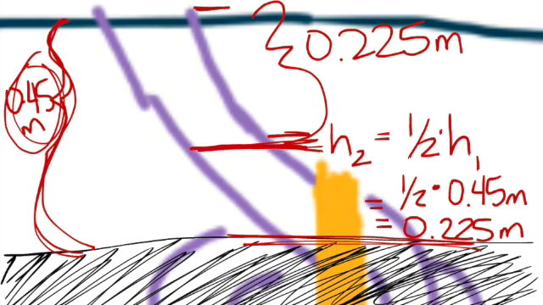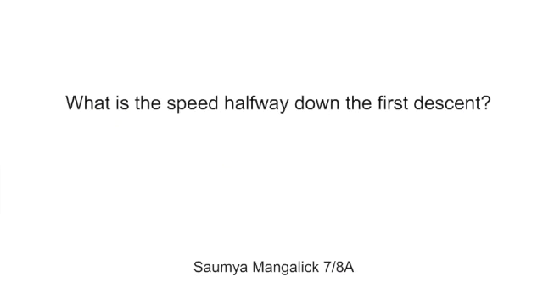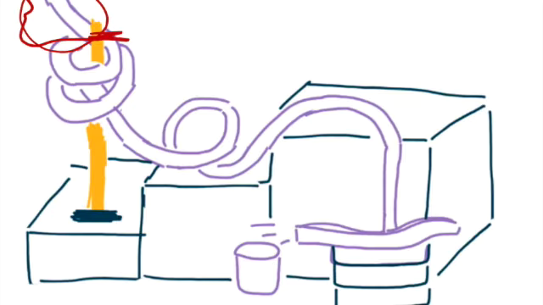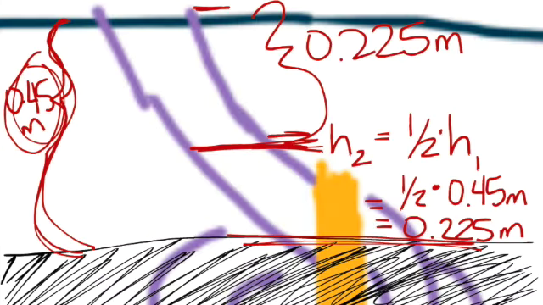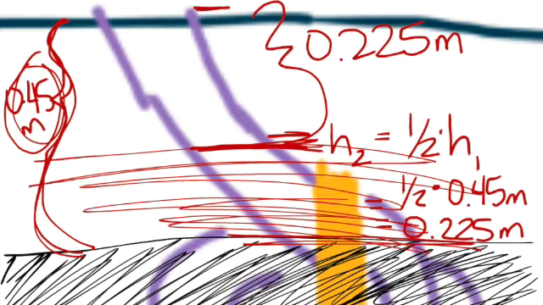So this distance from the top of the descent to halfway down is 0.225 meters. And because the question only asks about the speed halfway down, we can do basically what we did to the rest of the roller coaster and just kind of ignore this part and kind of treat this halfway down point as like the ground.